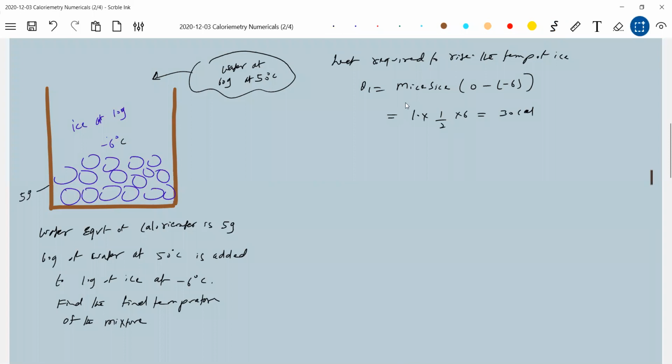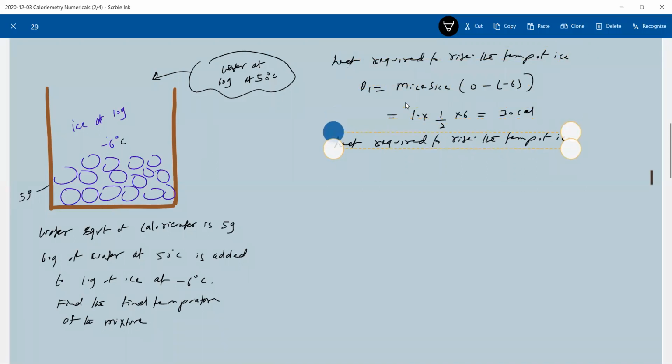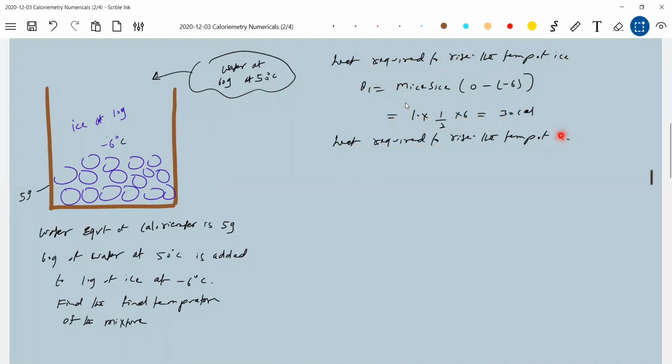Similarly, heat required to raise the temperature of calorimeter: Q2 equals WC into 0 minus of minus 6, so this is water equivalent 5 into 6, 30.